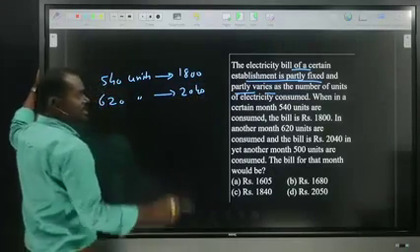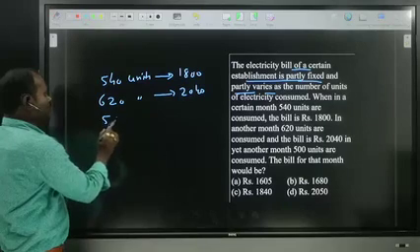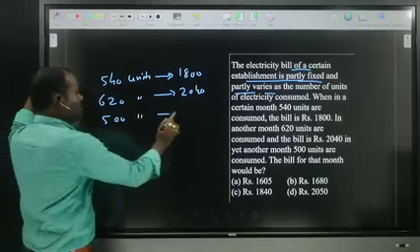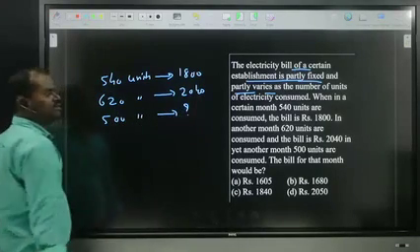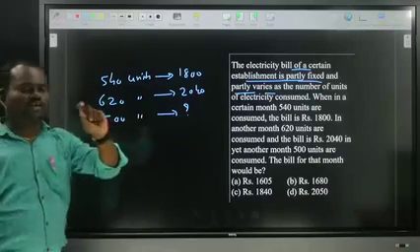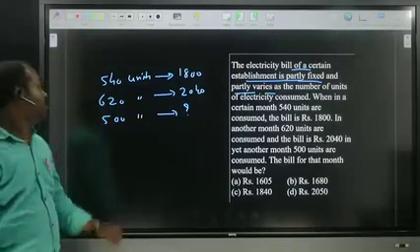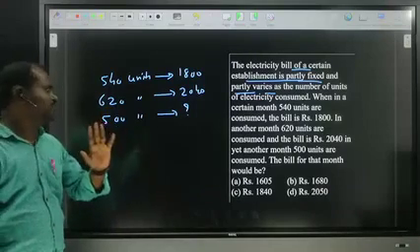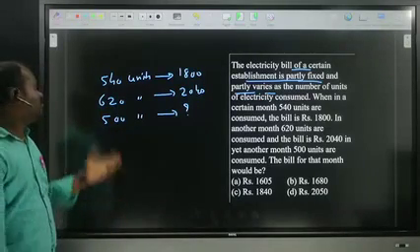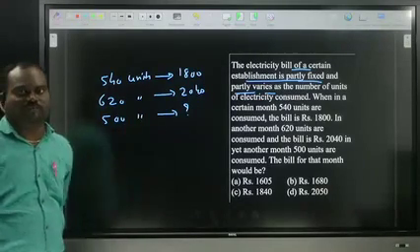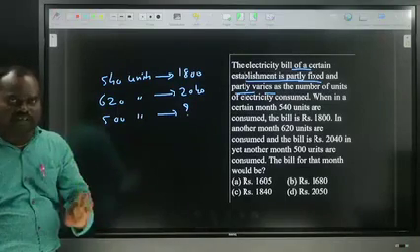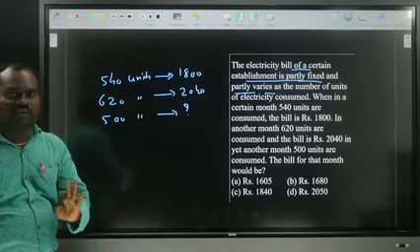The question asks: if in one month 500 units are used, what is the bill for that month? In one month 540 units are used, bill is 1800. In another month 620 units are used, bill is 2040. In another month 500 units are used, what is the bill for that?